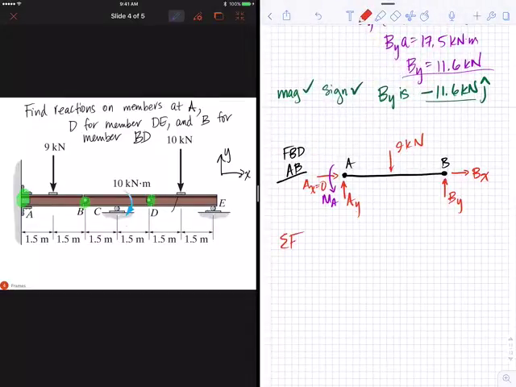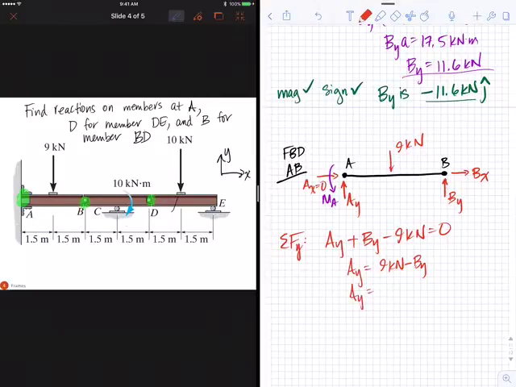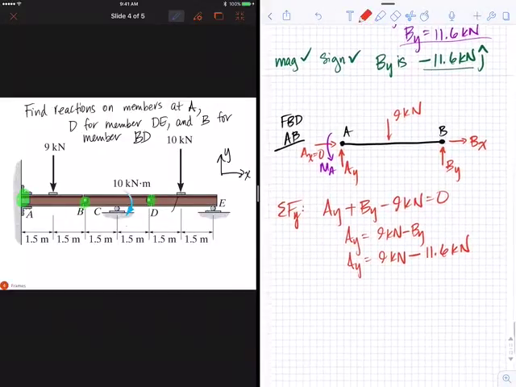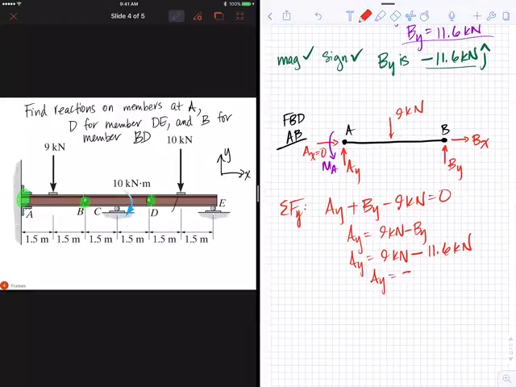Now we can go ahead and solve. So let's do sum of forces y to get our unknown Ay. So Ay plus By minus 9 kilonewtons equals 0. Ay equals 9 kilonewtons minus the By. Ay is equal to 9 kilonewtons minus, I found that it was 11.6 kilonewtons. So Ay is equal to minus 2.6 kilonewtons. So what does that mean?